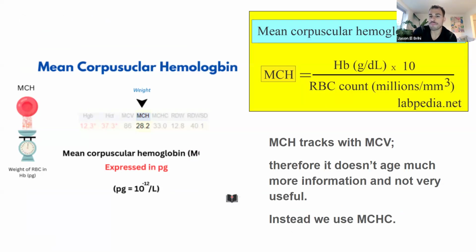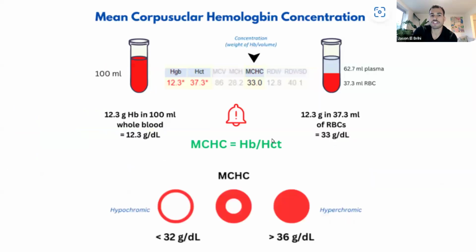That's why we have the extra number, the MCHC. The MCHC again stands for mean cell hemoglobin concentration. And that's telling us how much hemoglobin is actually in each cell, controlling for cell size. And that's how we describe things as hypochromic, having a low amount of hemoglobin, or hyperchromic, having too much.